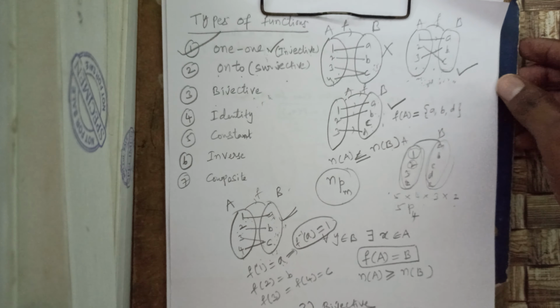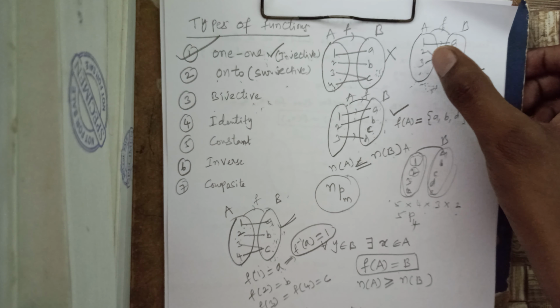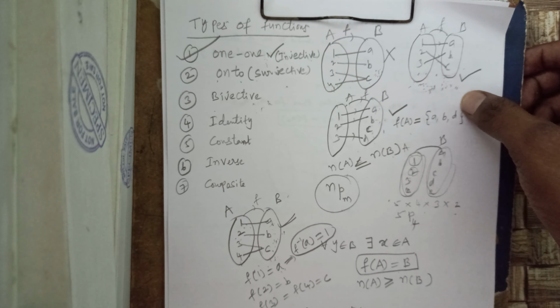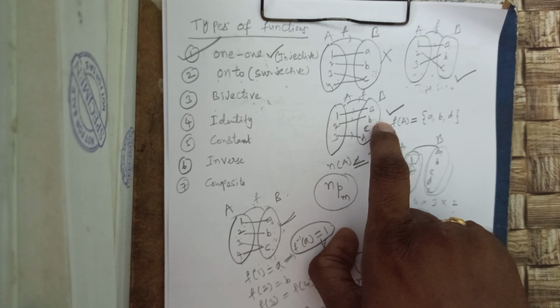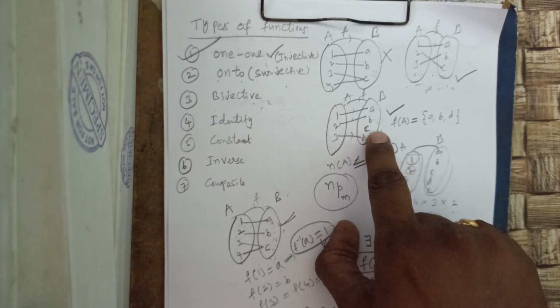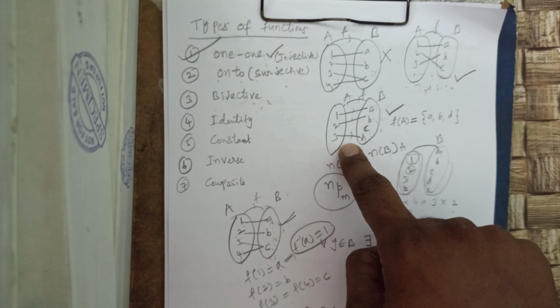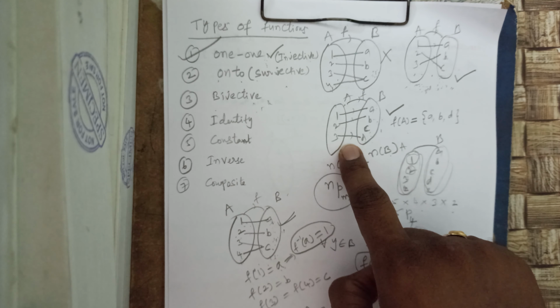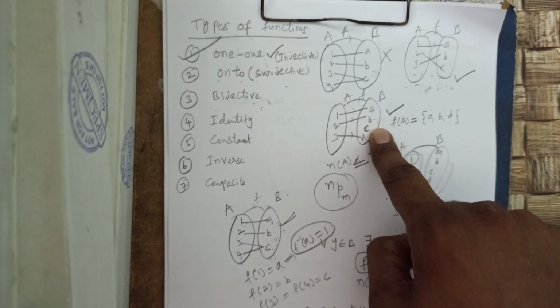Now is this one-one? Yes, 1 to a, 2 to c, 3 to b, it is one-one. And look at this example: 1 to a, 2 to b, 3 to d. Is this one-one? Yes. Irrespective of the number of elements in the second set, the codomain, that is one-one only.